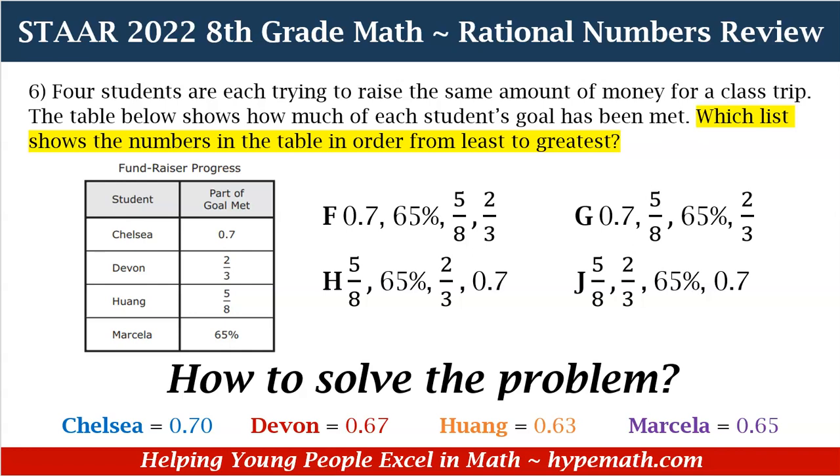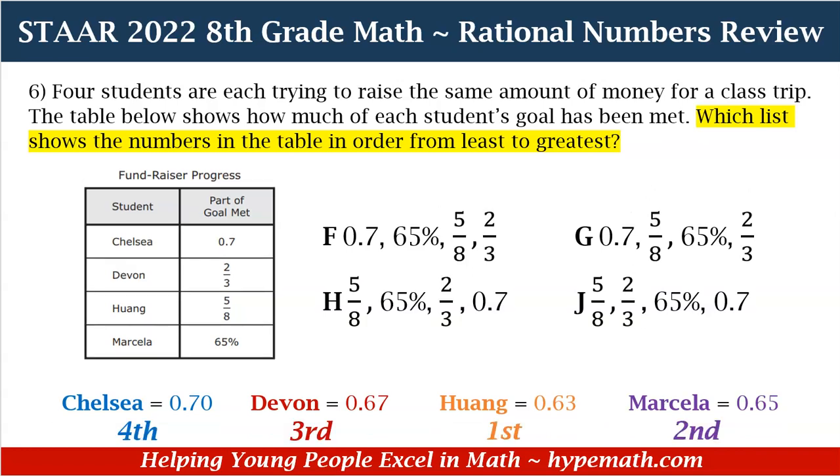Since we know everyone's decimal form, what we need to do is put our list from least to greatest, in ascending order, okay? That means from the smallest to the largest. So the smallest decimal, or the least number out of the 4 students, is Huang, first with 0.63.